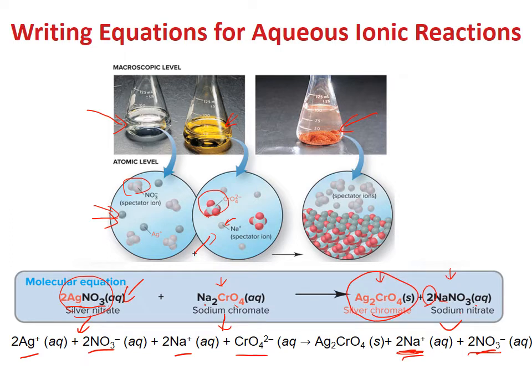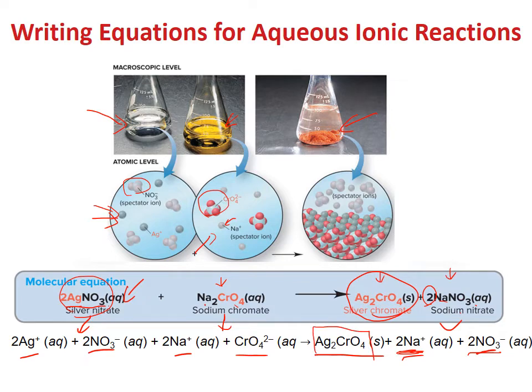And silver chromate shouldn't be written as silver ion and chromate ion. Instead, you should keep it as the formula. This is because silver chromate is not soluble in aqueous solution. If it has a very small solubility, then you should write it as a formula instead of the dissociated ions.